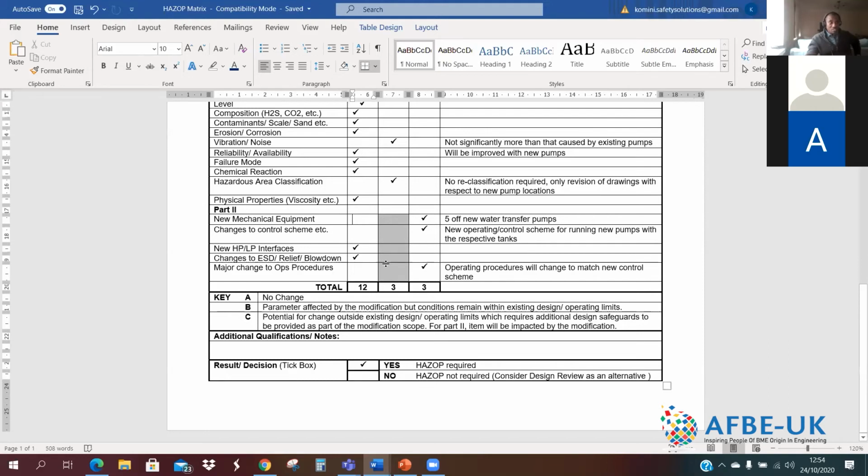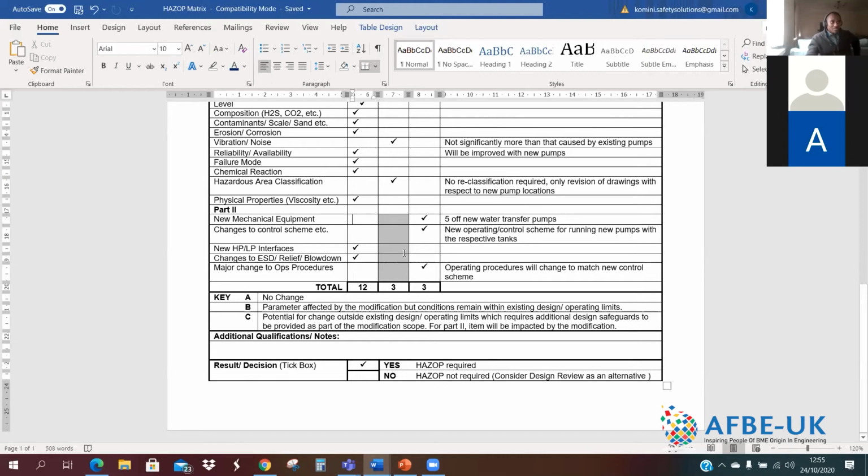It's either changing or not changing at all if you're dealing with sizable mechanical equipment. So if you've got new mechanical equipment, you should be taking C. If there are changes to the control schemes as a result of that new equipment, you'll be taking C as well. If there aren't any, you'll be taking A. So for part 2, the answers are binary.